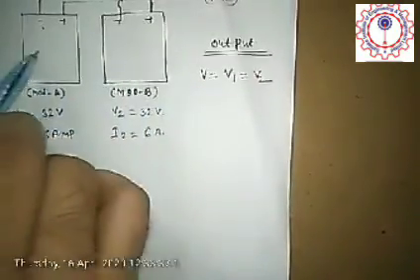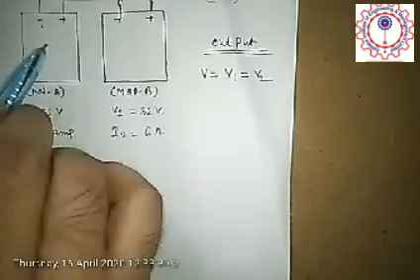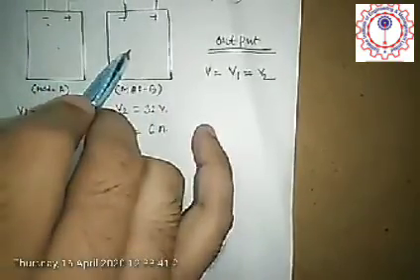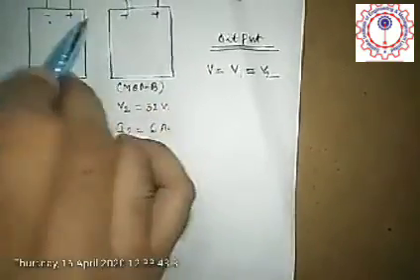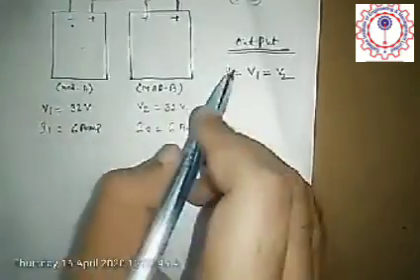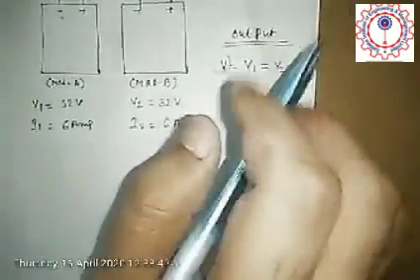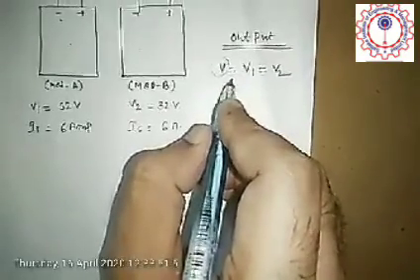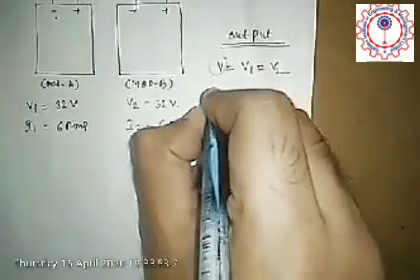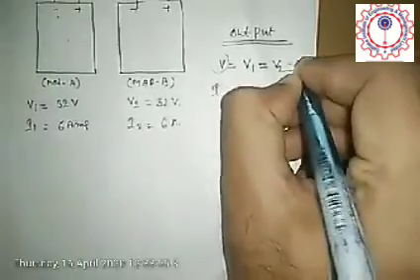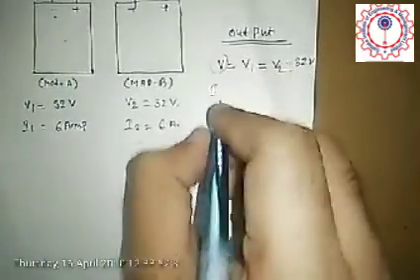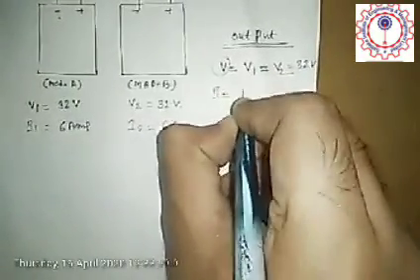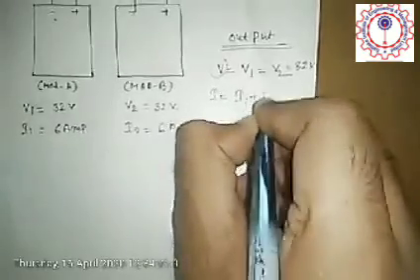If two modules are connected in parallel, the output voltage remains the same, but the current value will increase.